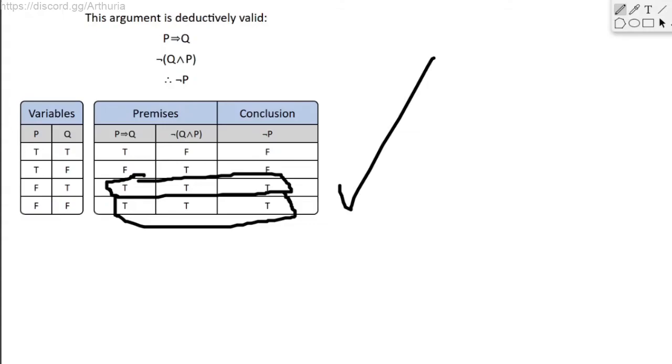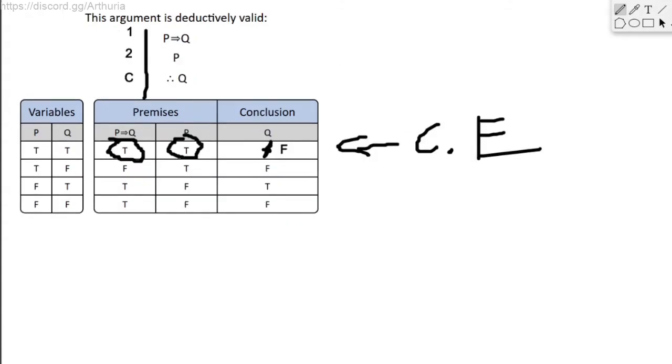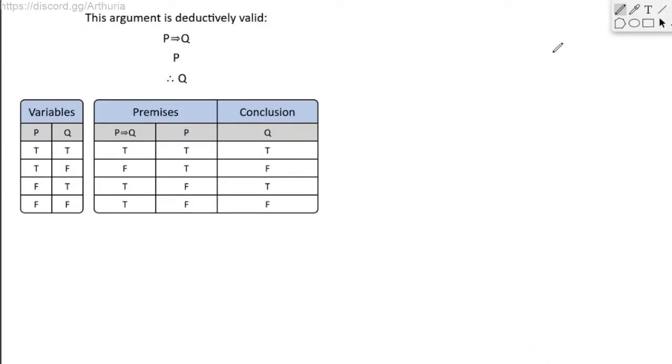Likewise, if we took our simple modus ponens, right?